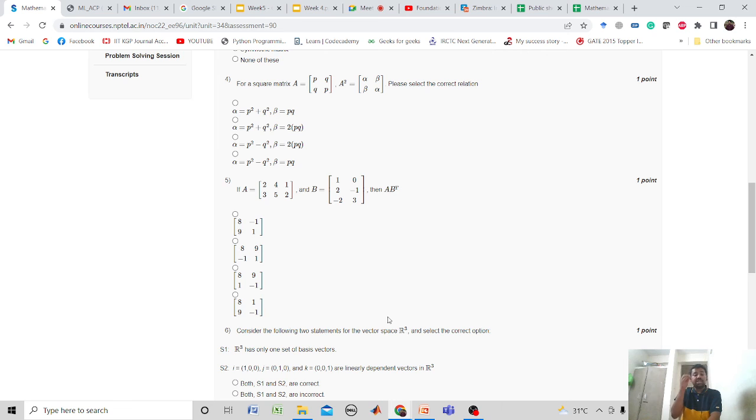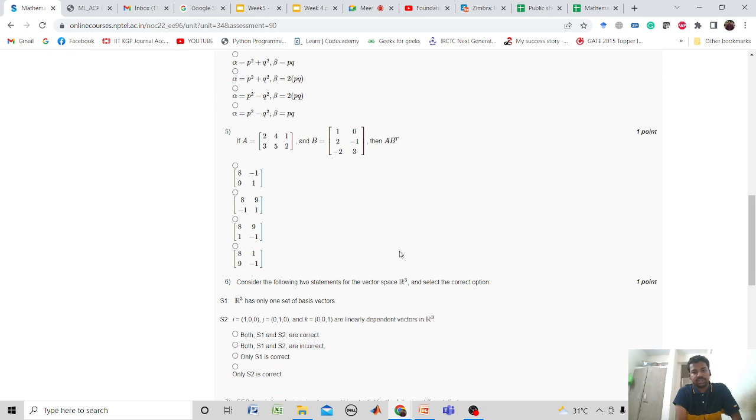When you take the transpose of B, the matrix of 3 comma 2 becomes 2 comma 3, and A is a matrix of 2 comma 3. So ultimately you have to find the multiplication of the matrices.